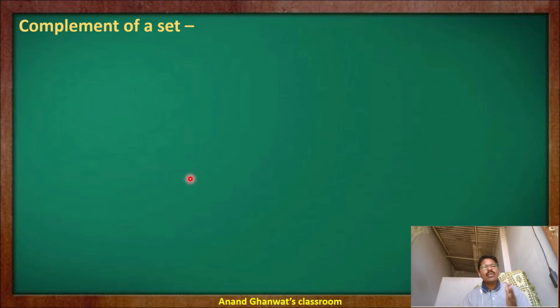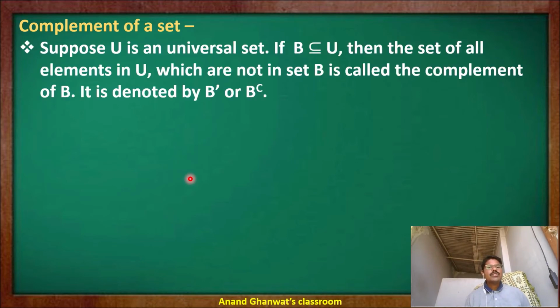Now let us understand the complement of a set. Suppose U is the universal set and B is a subset of U. Then the set of all elements in U and not present in set B is called the complement of set B. Remember that if B is a subset of set U, the universal set, then the set of all elements in U which are not present in set B is called the complement, and this complement set is denoted by B complement.